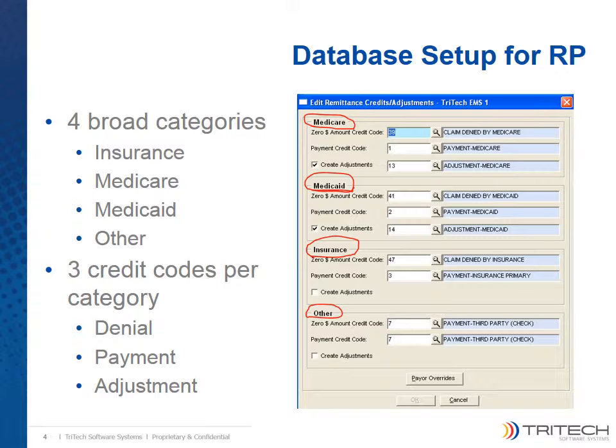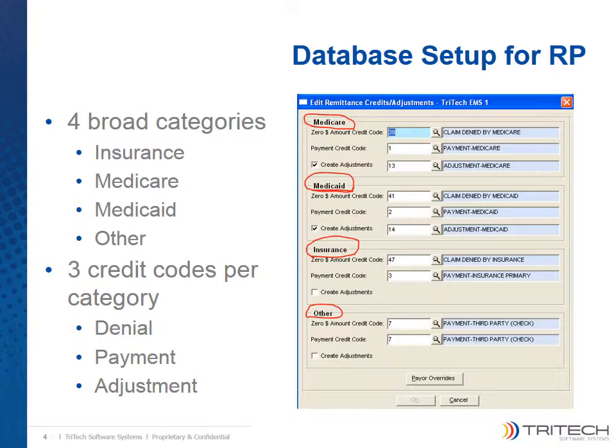The Edit Remittance Credit Adjustments shows a section for each of the 4 broad categories of payer codes: Medicare, Medicaid, Insurance, and Other. The credit codes configured for Medicare will be used when crediting any payer code that is configured as a Medicare type. The Medicaid credit codes will be used when crediting for any payer code configured as a Medicaid type.